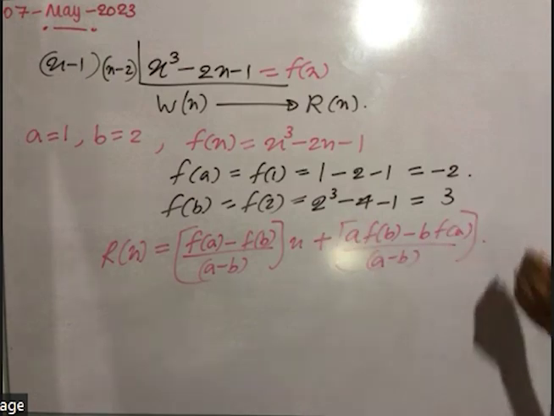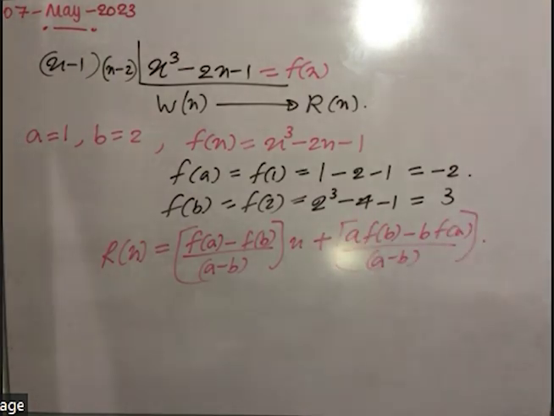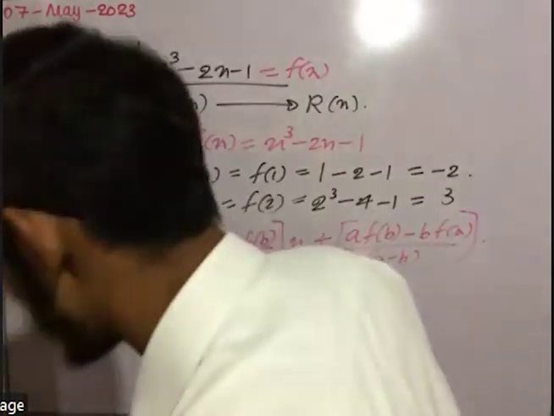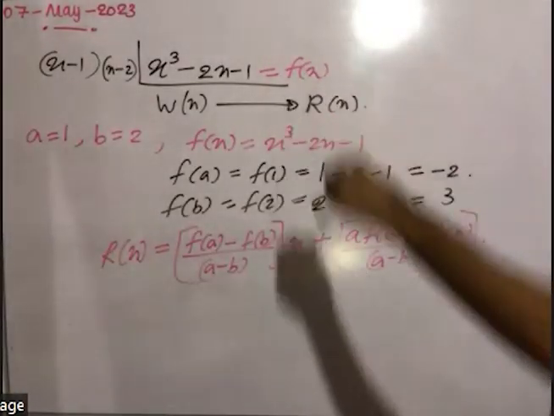So this is the previous result. Now I am going to use this previous result to find the remainder of this function.